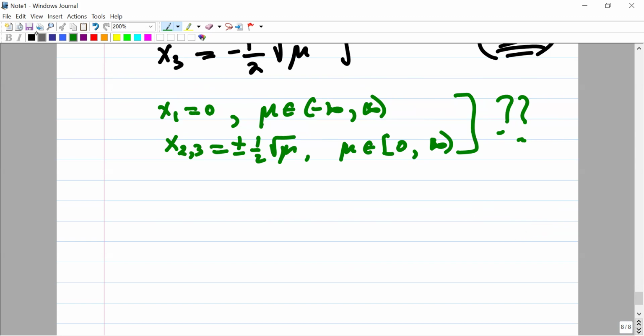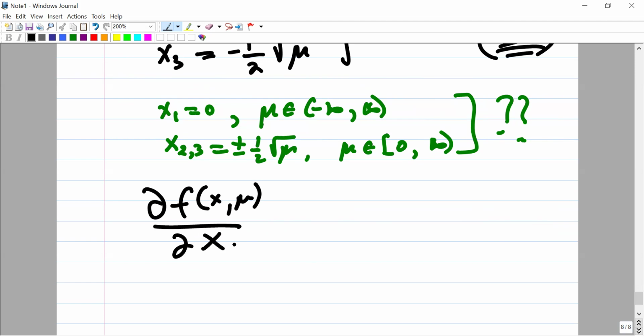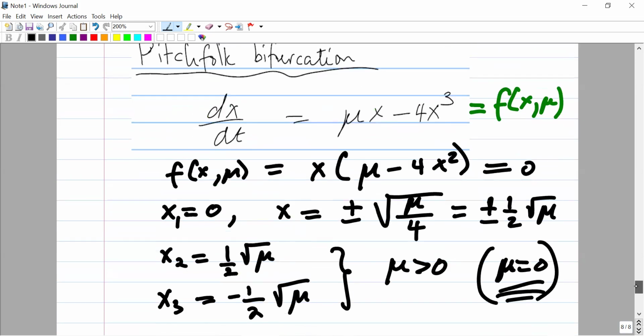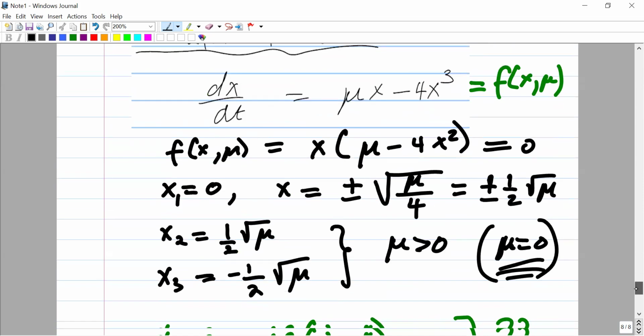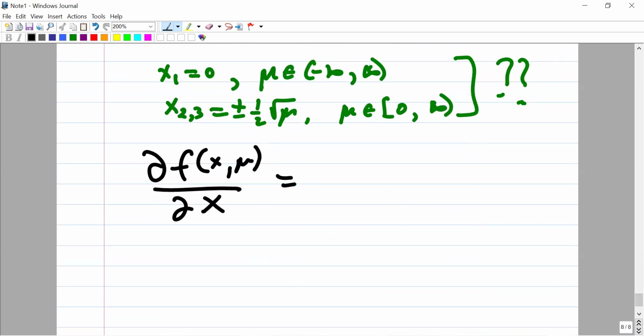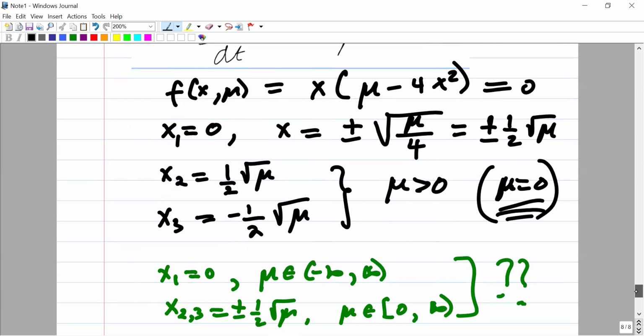Okay, so as usual, we then test for stability by differentiating f of x, mu with respect to x. So this will give us mu minus 12x squared.